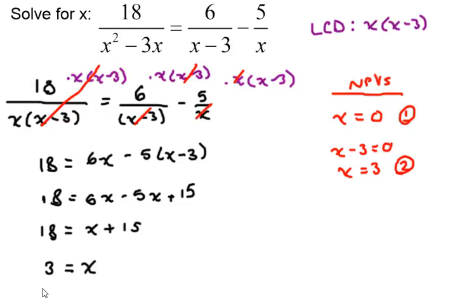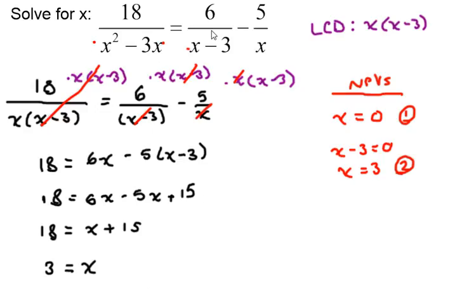Now we run into a problem because I have x is equal to 3 as a solution, but x equal to 3 is also a non-permissible value. So if I were to compare my solution here to my original expression, if I plug in 3 for x here or here, what I end up having is a denominator of 0.